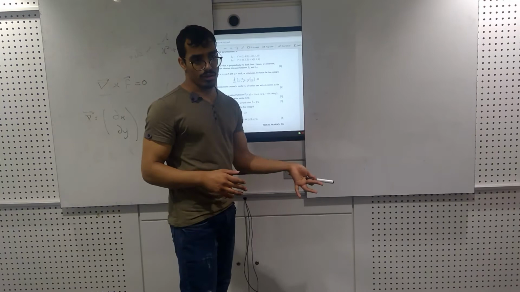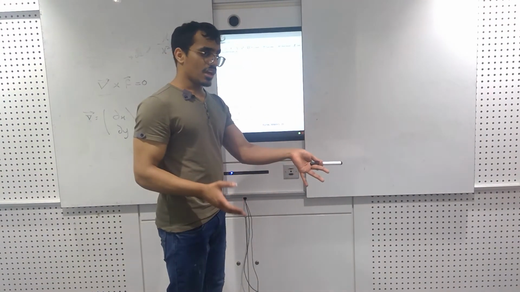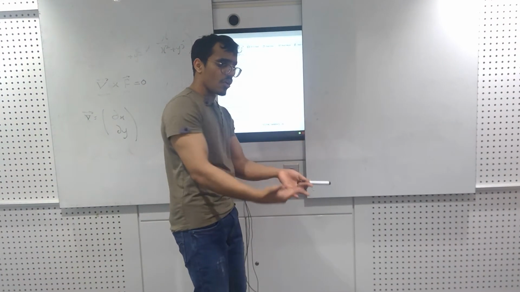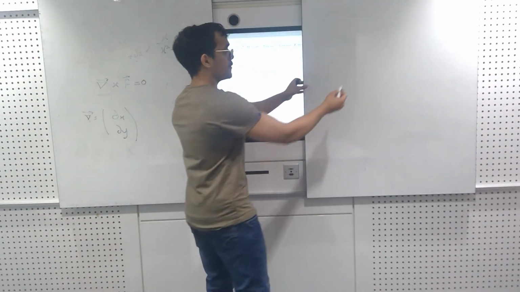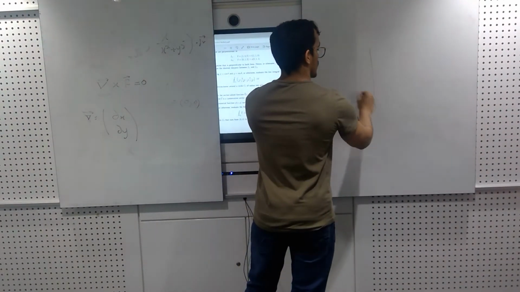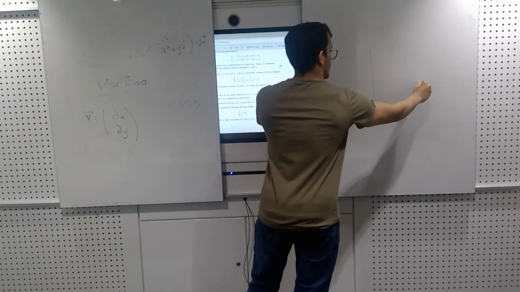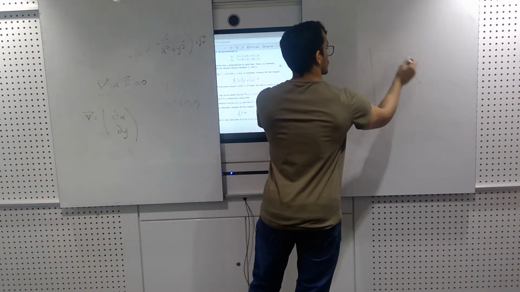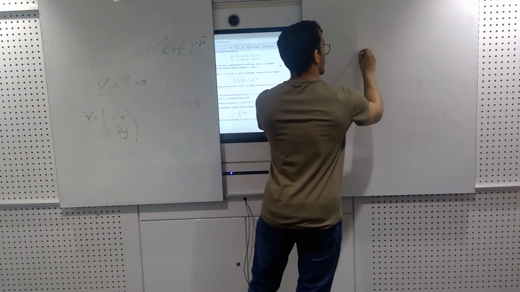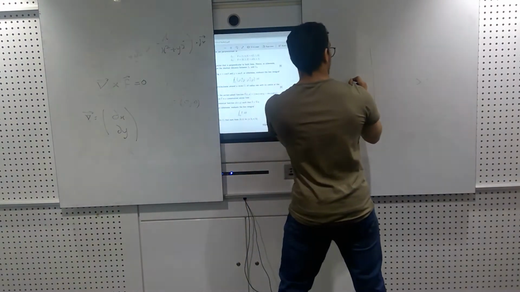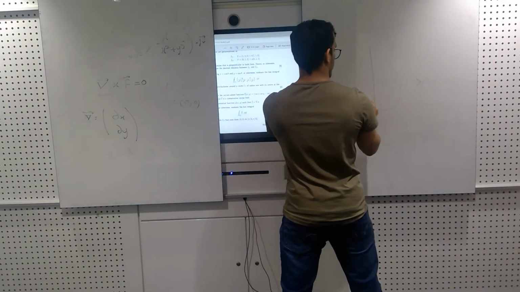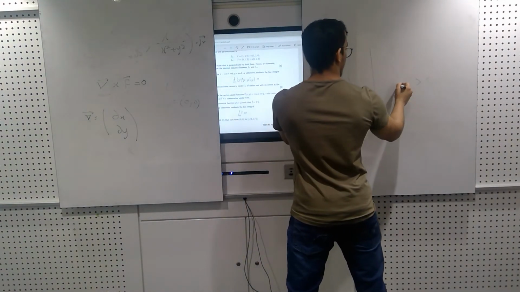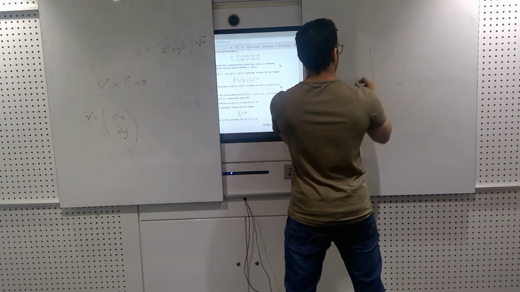So there's a hole at the origin, and we are integrating over this area. This is the x-axis, this is the y-axis, and we are integrating over the circle in the anti-clockwise direction.